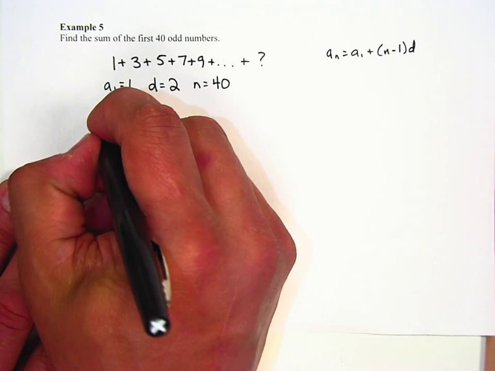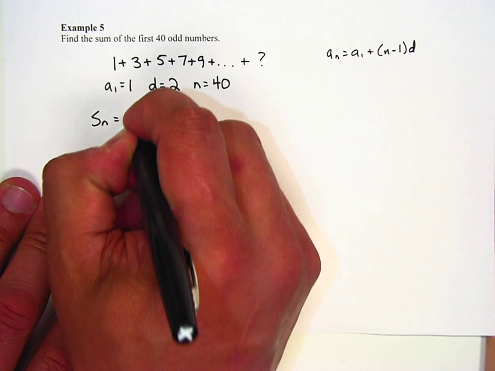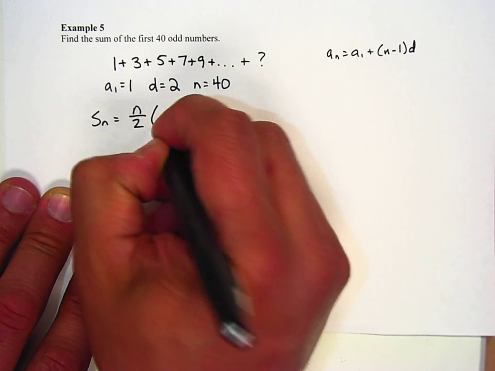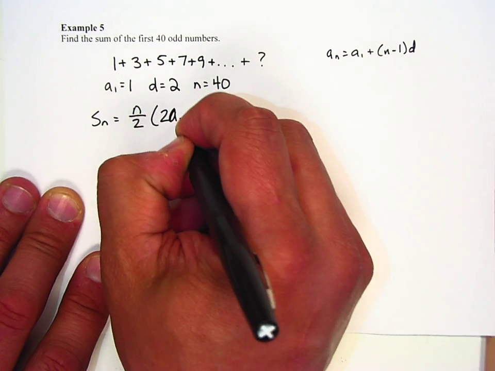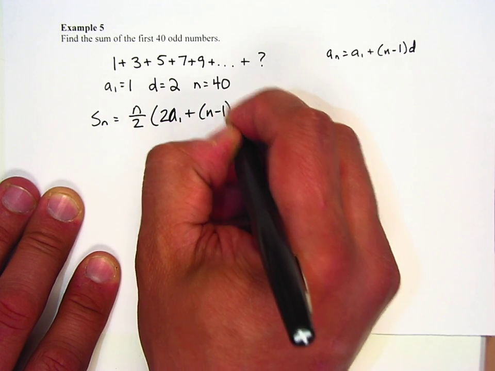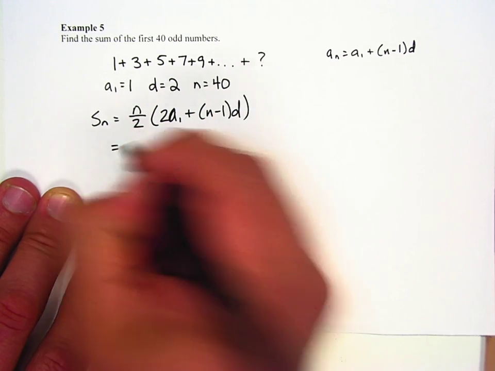And luckily we have this equation, s sub n equals n over 2 times 2 a sub 1 plus n minus 1 d. Plug it in.